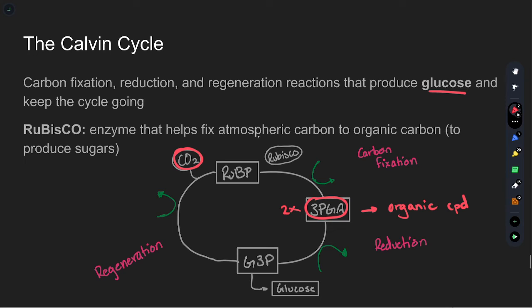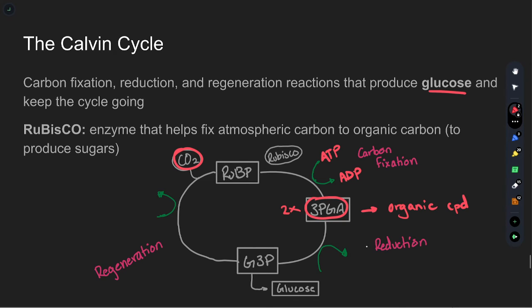We're fixing atmospheric carbon to organic carbon to produce those sugars. Of course, we also have the use of ATP in order to do this. So we're using ATP that we made via ATP synthase in light-dependent reactions in order to make this reaction to get our organic compound.